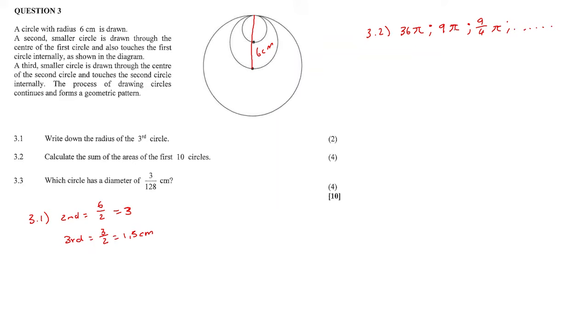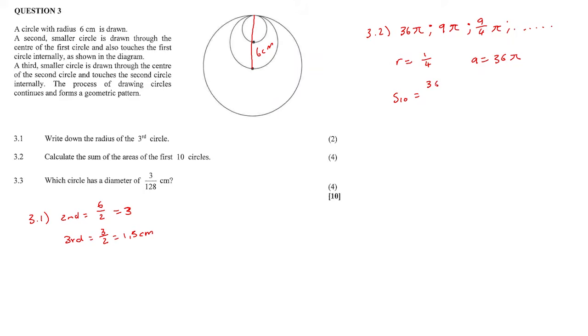And if we find our r value by taking our second term divided by our first term, we get r to be equal to a quarter. And obviously our a value is 36 pi. We can then find our sum of 10 circles, which is the sum of 10 terms, using our sum formula for a geometric series.